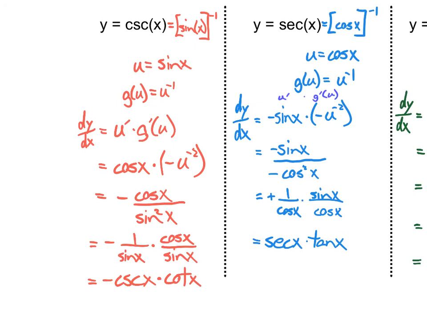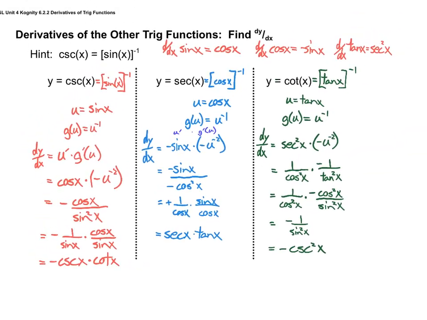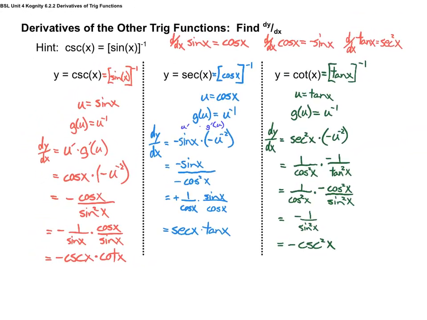Alright? And then finally, cotangent. I'm going to use the same process. Cotangent is tangent to the negative 1. So again, my outer function is u to the negative 1, and the inside is tangent.